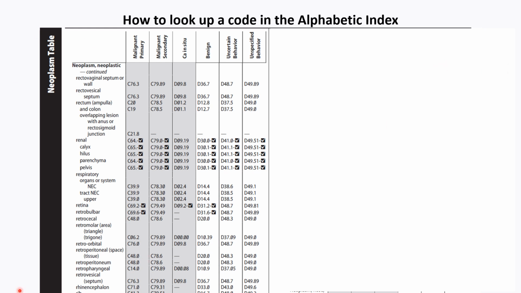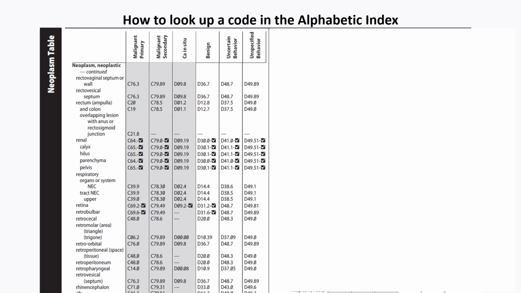Now, if you're looking for a particular cancer, let's say kidney cancer, what are we going to do? We're going to search alphabetically under the K's for kidney, right? And if you do that, you'll see that kidney is not there. So what do we do? Well, let's think about the clinical term for kidney, and that's renal. And of course, it is there.